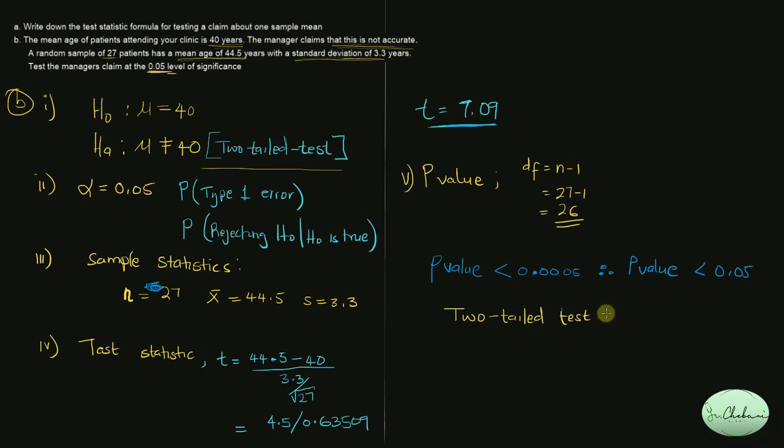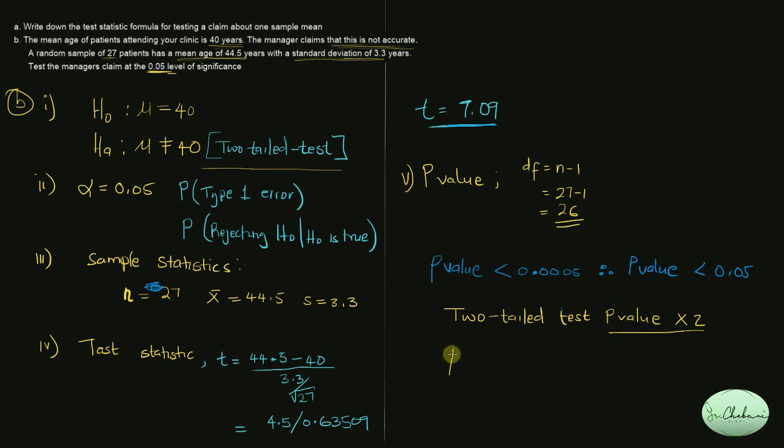So we will double our p-value, or multiply it times 2. Even if we do that, because our p-value is less than 0.0005, we are still going to be less than 0.05, even after doubling the p-value. So our final conclusion is still the same.